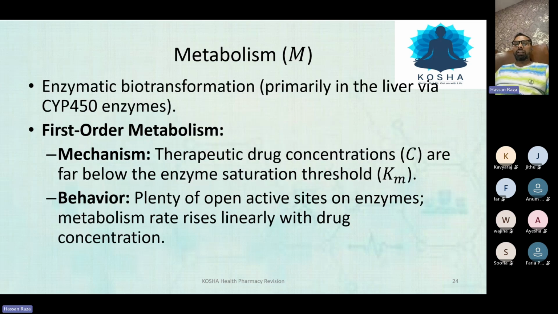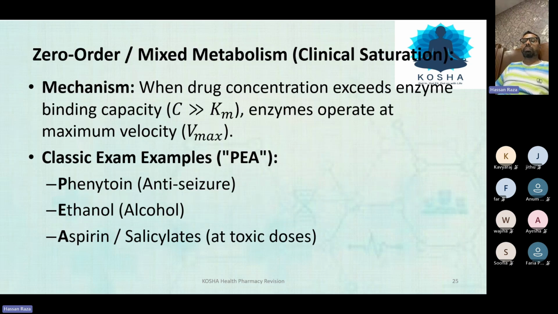And then we have metabolism. Metabolism can also be first order kinetics. Obviously, we have a lot of enzymes present in our liver. If you are giving any drug whose concentration is less than the enzyme present in our liver, then it follows first order kinetics. However, there are three drugs, phenytoin, ethanol, and aspirin, PEA. You have to remember this mnemonic.